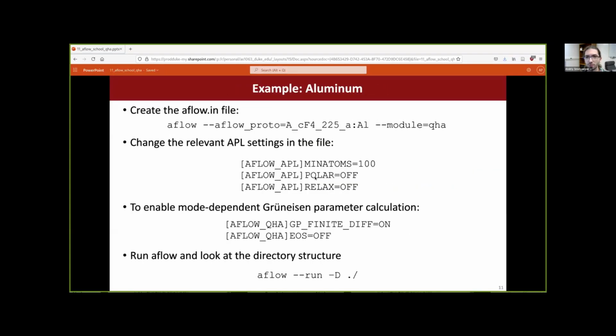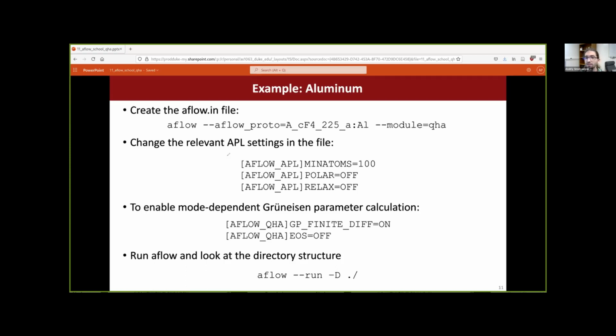Okay, so now I wanted to give you an example of how you can actually do a computation with QHA. As you already know, we can use AFLOW proto and a specific prototype to generate a structure, and then you can use a module to specify QHA, and it will uncomment the QHA block for you.